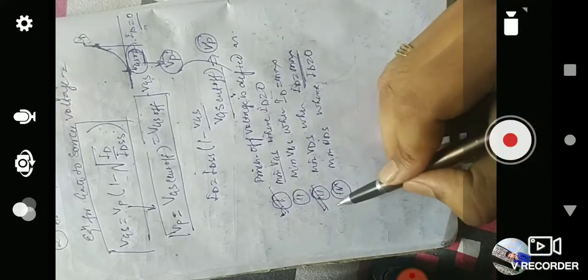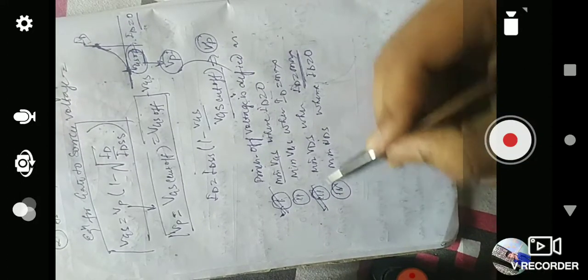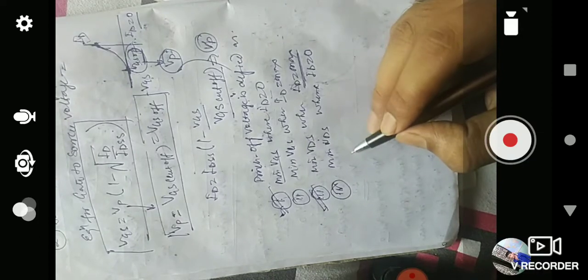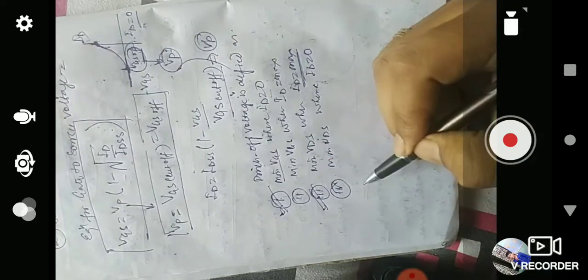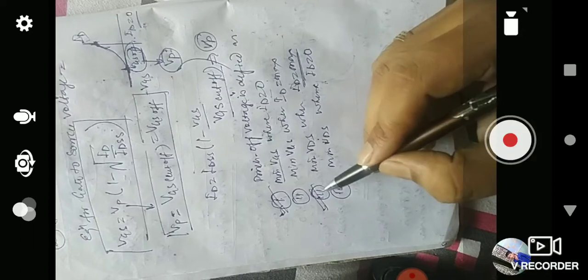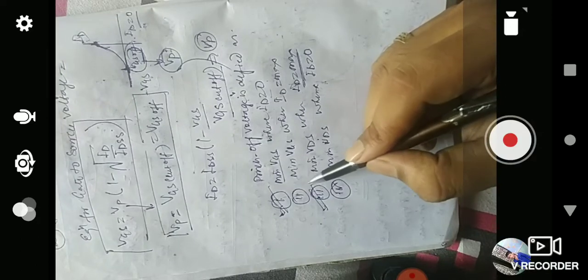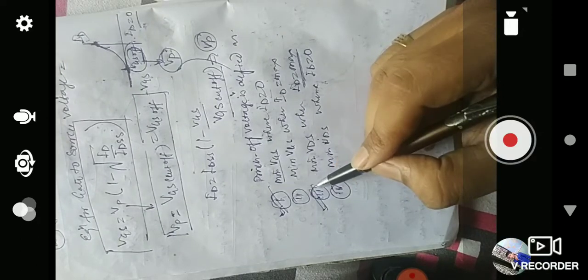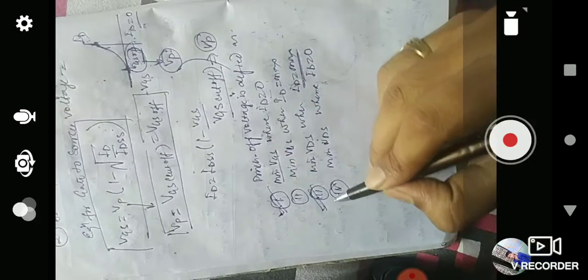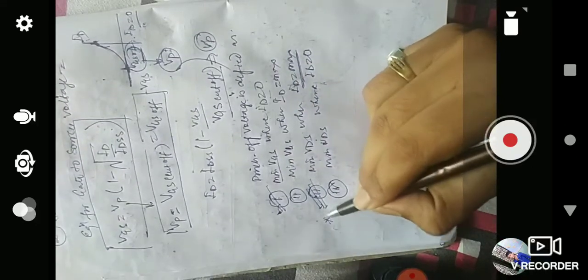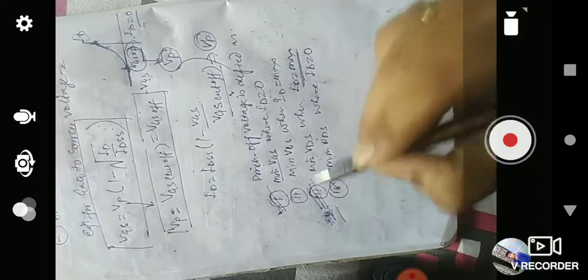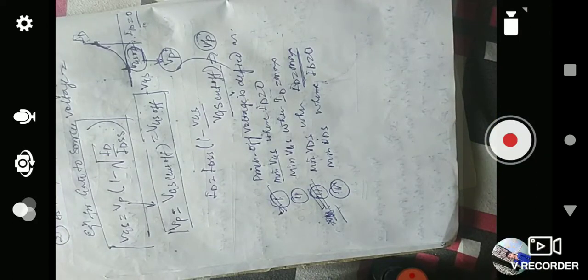So if there are multiple possible correct answers, then option 1 and option 3 both are correct. If only one option is to be chosen, then the most suitable answer is option 3. So these things must be remembered.